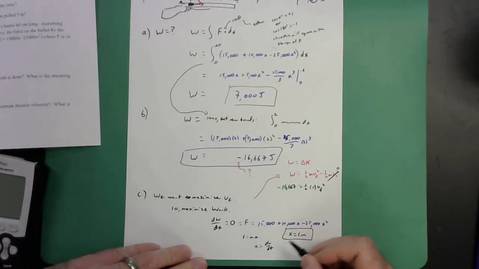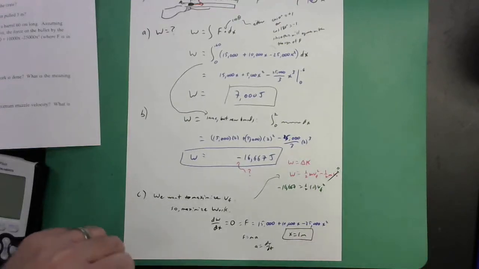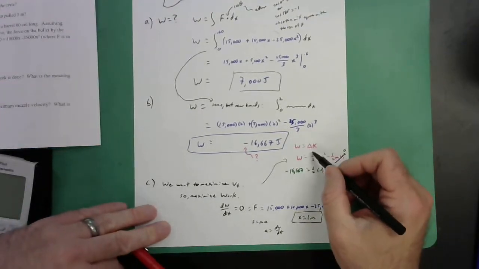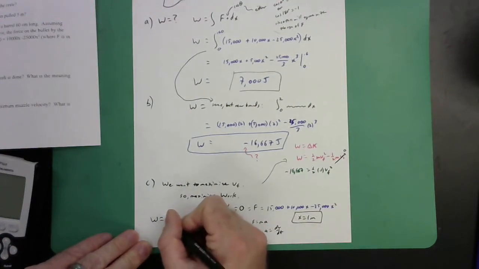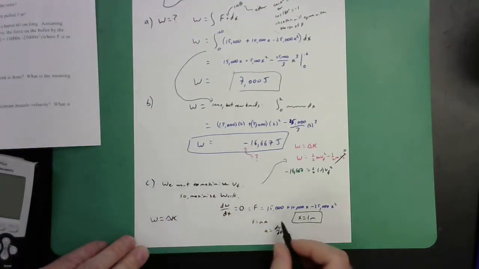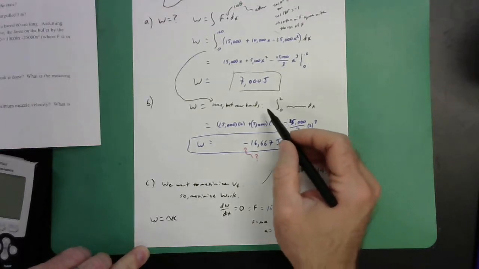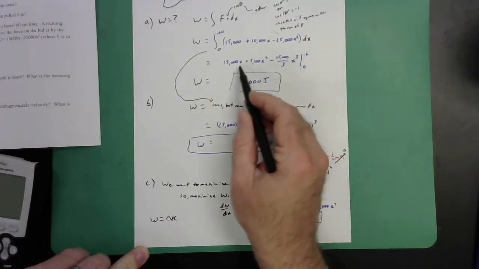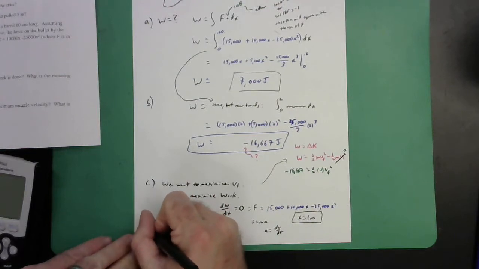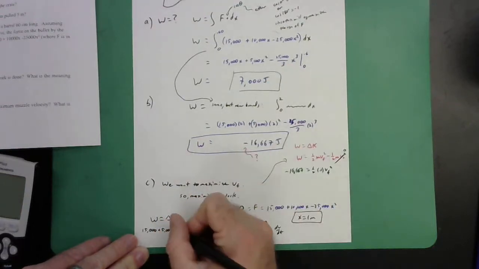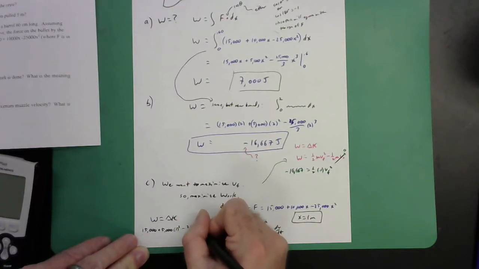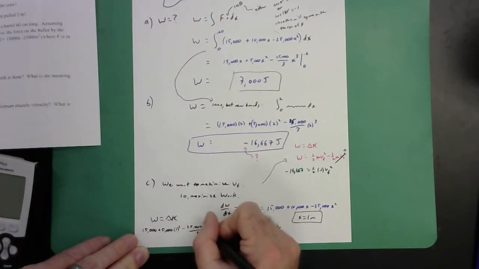Okay, and now, what is that final velocity that we get? Work is the change in kinetic energy. I'm going to do it over here. Sorry, I ran out of space. Going back to the work equation that I got here: 15,000 plus 5,000 x squared, but the x is 1 since we have a 1 meter long barrel, minus 25,000 over 3 x cubed.